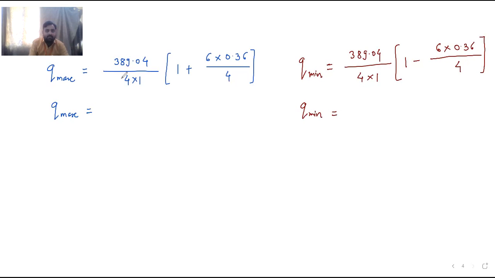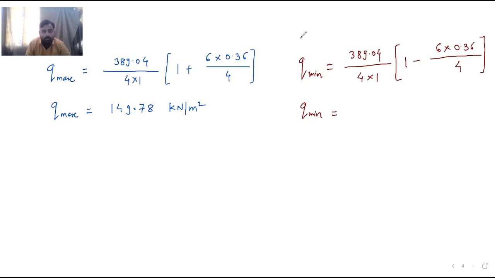What is the value of Q max? So the value of Q max is 149.78. So it is 149.78 kilonewton per meter square.